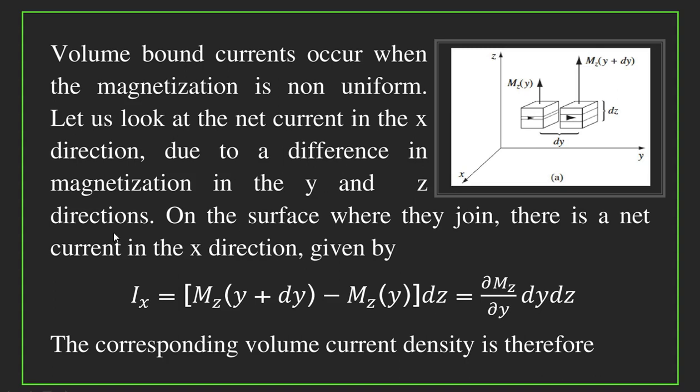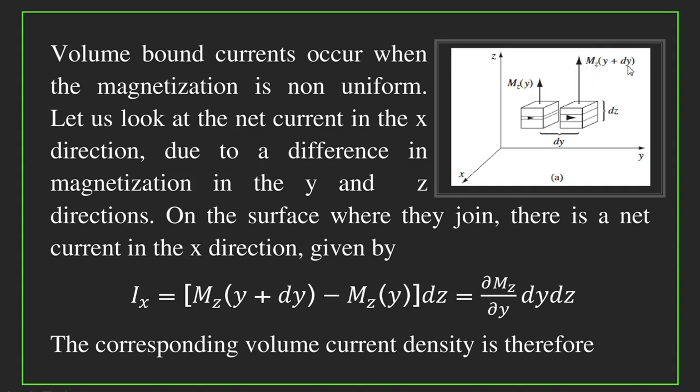Here the x direction is out of the plane of the paper, and there are the y direction and z direction. We are considering the magnetization along the z direction, and it is not a constant. As we move along the y direction, at this point the magnetization is Mz of y, and at another point y plus dy, the magnetization along the z direction has another value, Mz of y plus dy.